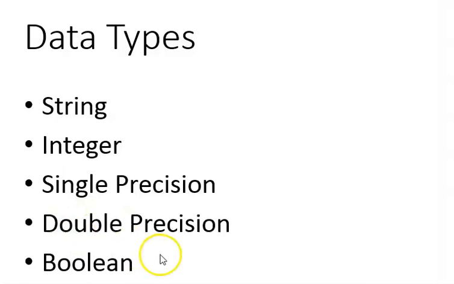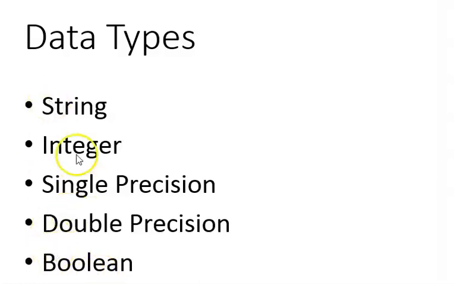Double precision includes integers and decimal values in the order of 10 to the power of 300. So the space which is set aside for single variables is 32 bits, while for double precision variables 64 bits is set aside when you declare the variable. Finally, we have Boolean variables, which is a logical value like true and false.